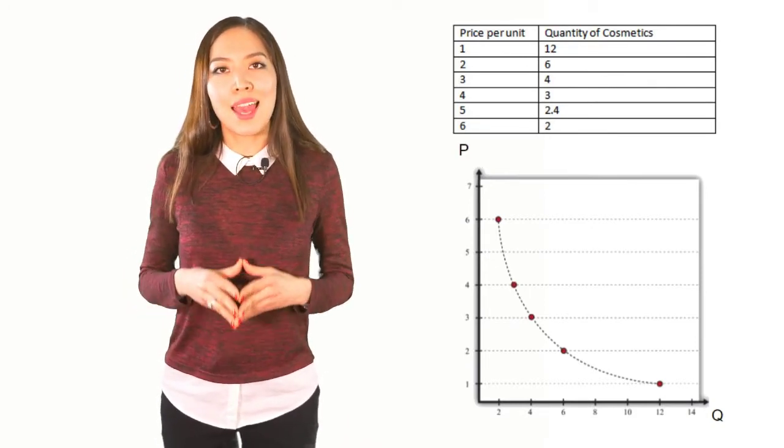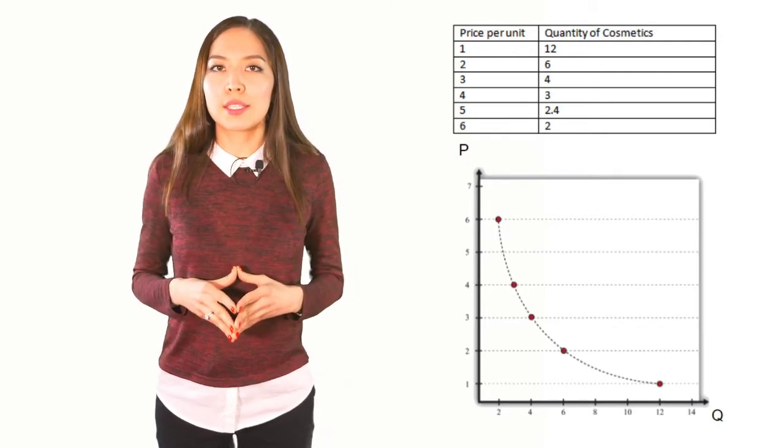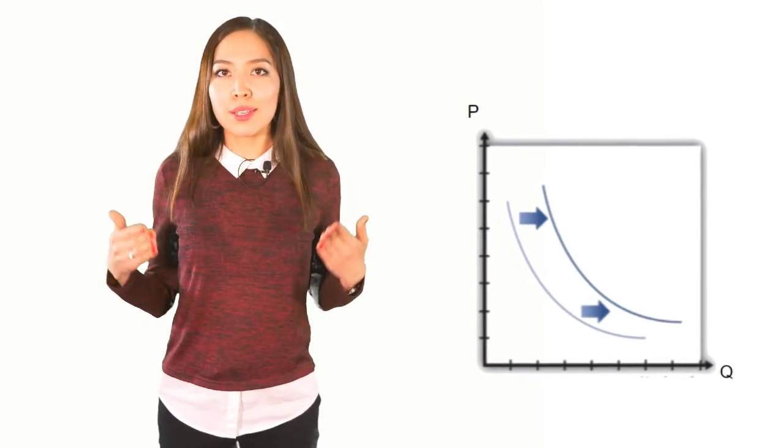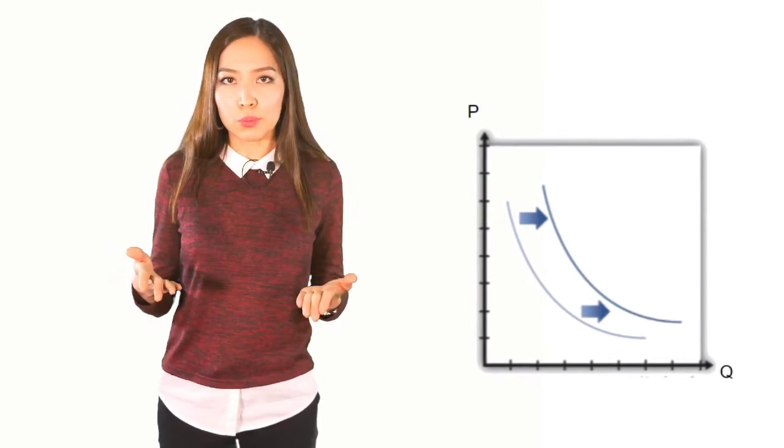If a change in anything other than the price of non-necessity goods causes you to change your consumption of that good, then there is a shift in the demand curve. For instance, suppose you get a salary rise at your job, so you have more income. As long as the non-necessity good is a normal good, this increase in income will cause your demand curve for the good to shift outward.